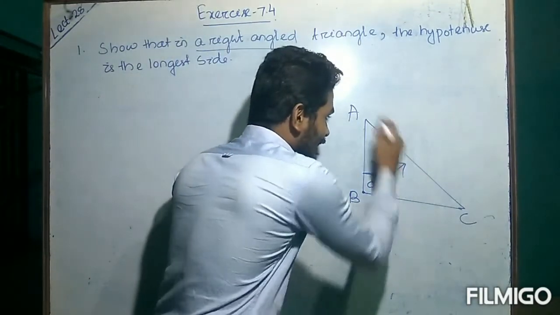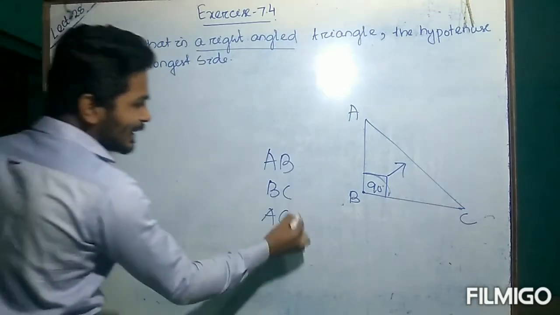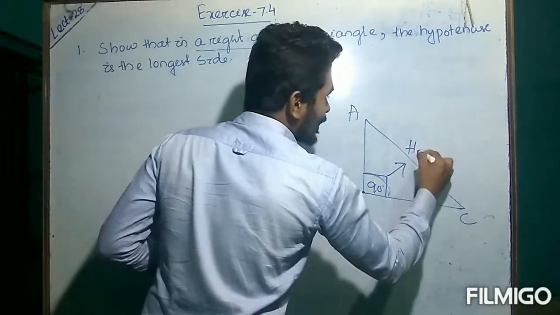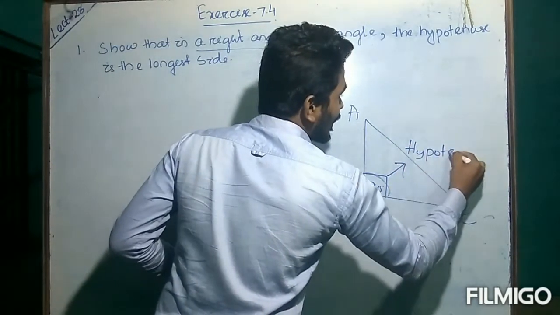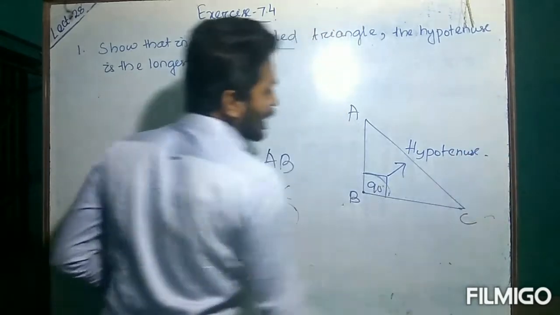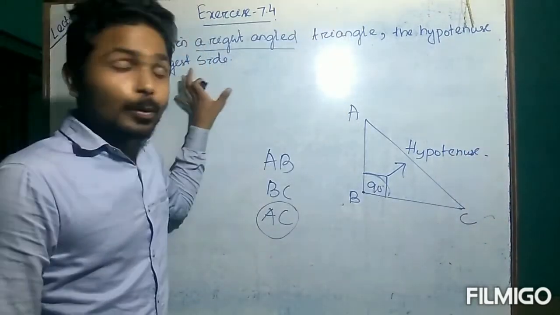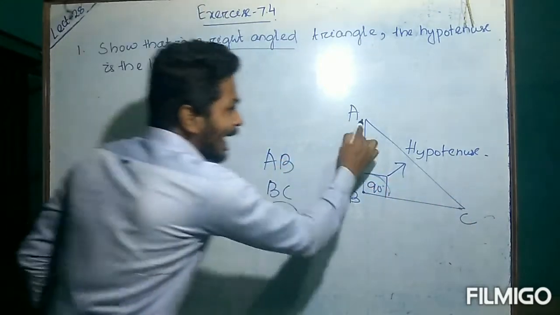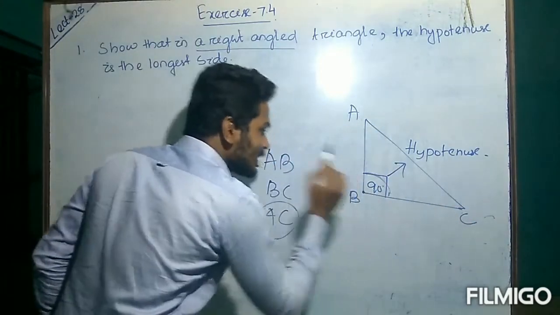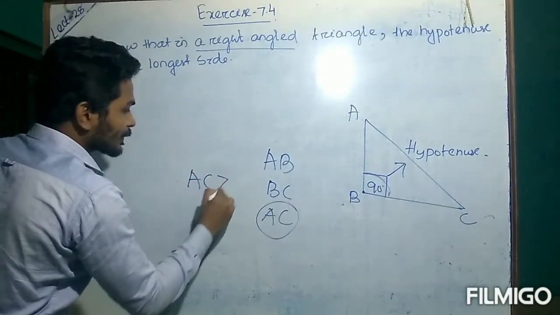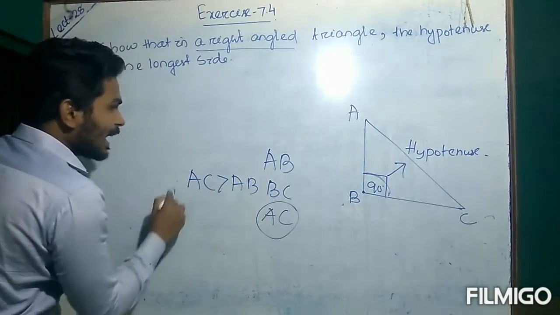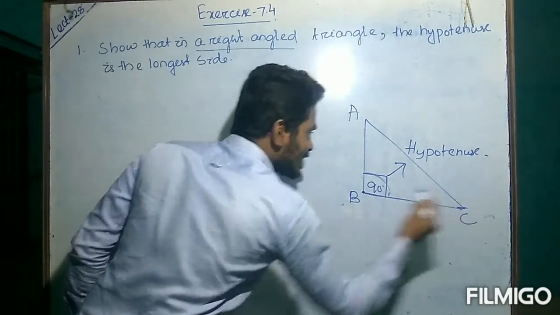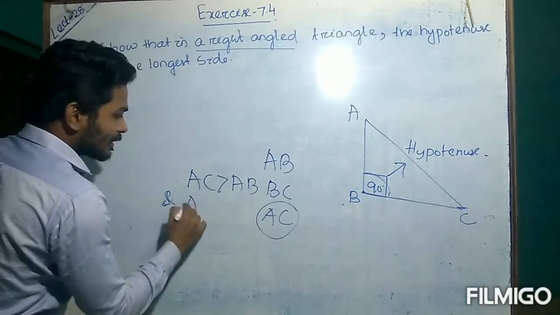Since this side is opposite to 90 degree, hence AC is known as hypotenuse. And here we have to prove that AC is the longest side. That means AC must be greater than this side, and AC must be greater than this side. We have to prove it.